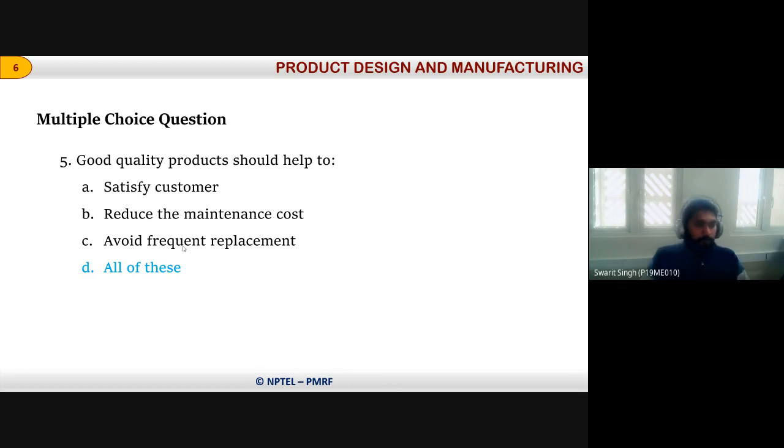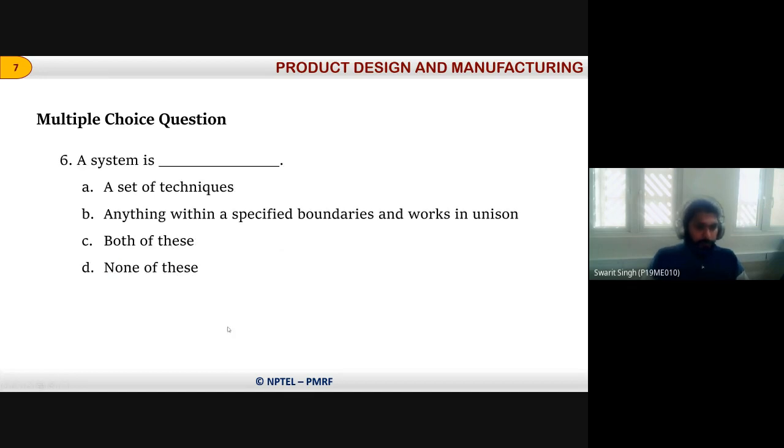Okay. Now moving towards the next question. Question number 6 will be on your screen now. The question is basically a definition of what a system is. A system is a set of techniques, or a system is anything within a specified boundary and works in unison.